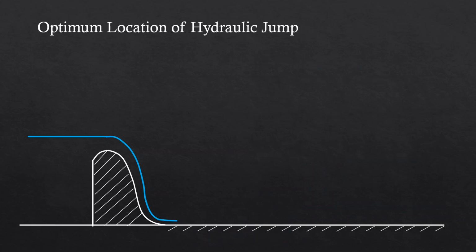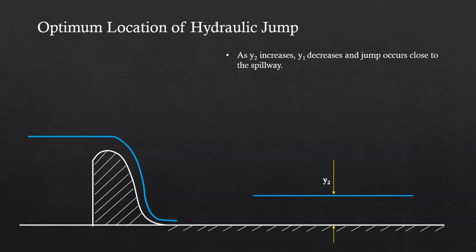If y2 increases, then y1 will decrease and the jump will occur closer to the spillway. If y2 is very small, then y1 will be large and the jump will occur very far from the spillway. If we keep on increasing this depth y2, then the jump will occur closer and closer to the spillway. So approximately here.